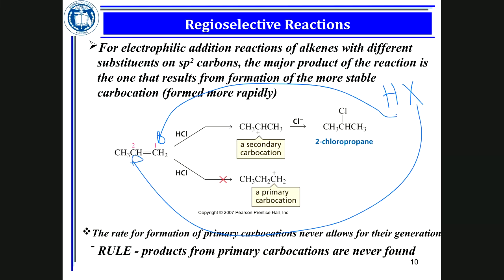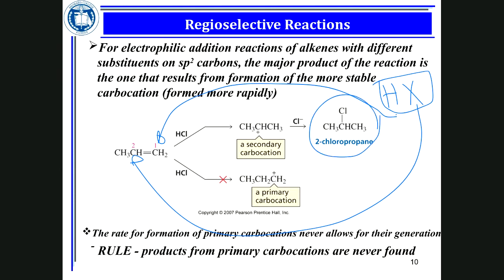And rich gets richer. That means the carbon with the greater number of hydrogens will gain more hydrogen. The other carbon would get the counterpart if you have the HX being added to the carbon-carbon double bond. So this is the Markovnikov product.